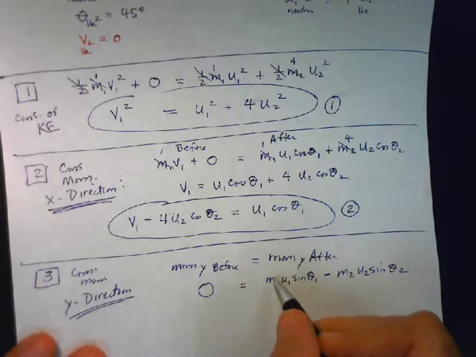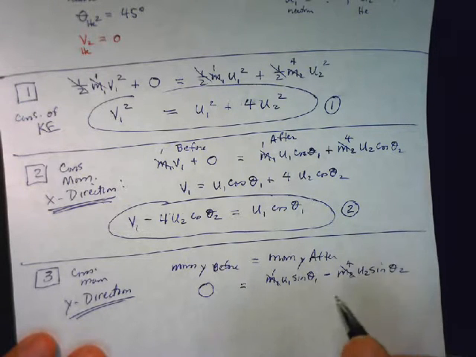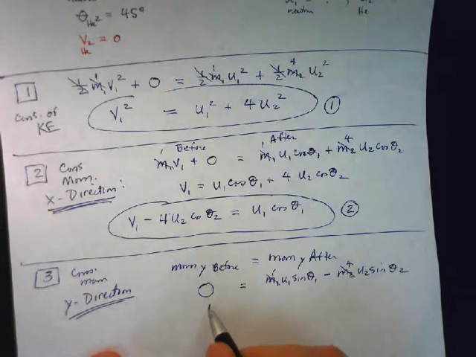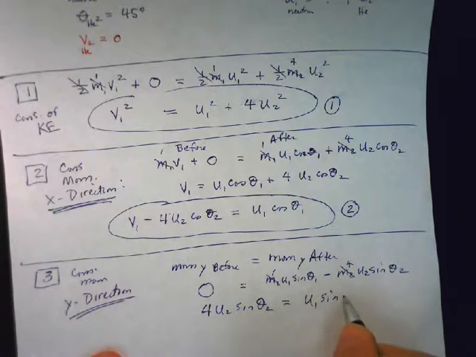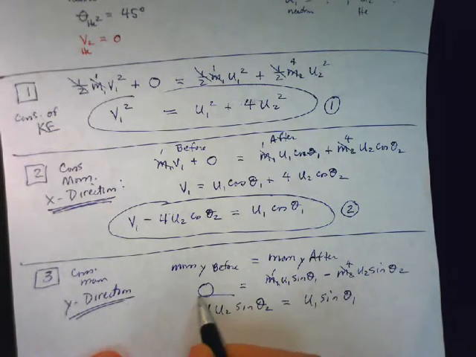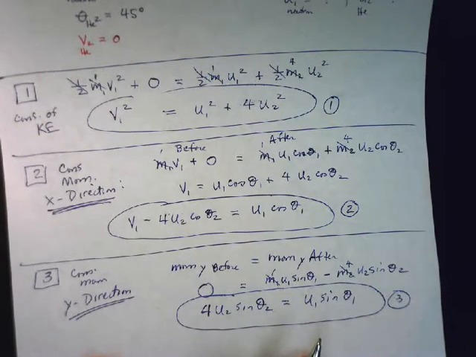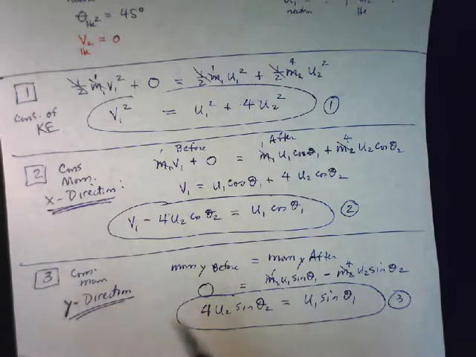And now remember, we can simplify, like M1 is 1 unit's worth and M2 is 4 units worth. So I'll just add this to both sides and we get 4 U2 sine theta 2 equals U1 sine theta 1. And there's equation 3, using the idea of the conservation of momentum in the y direction.